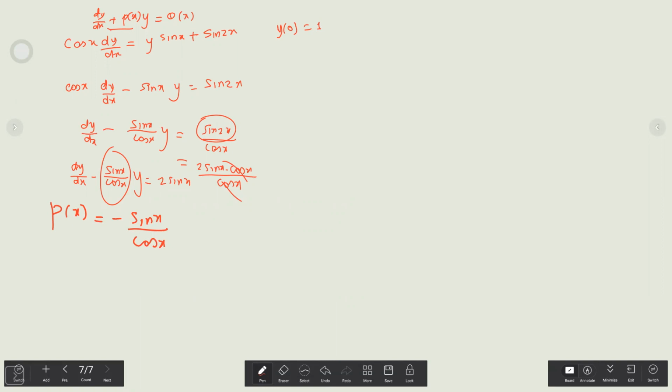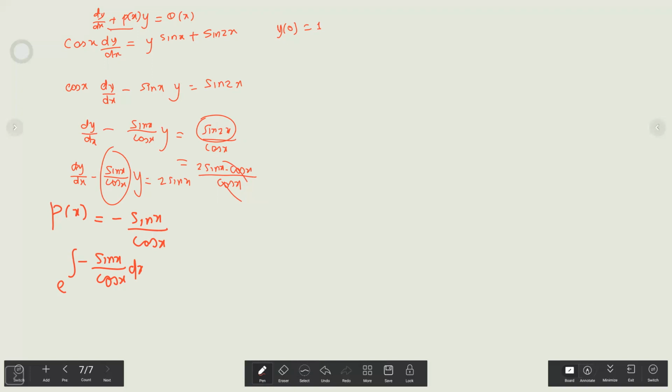So now you're going to integrate this. So e to the power integration of negative sin x upon cos x. Now see out here, this is what I explained in the last class: if a function's exact derivative is in the numerator and the function is in the denominator, the integral is ln f x. Those techniques will be very helpful if you remember them.